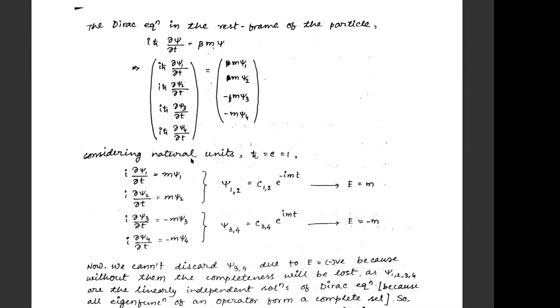Under various unitary transformations, the wave function may look different, but the expectation values of observable quantities will remain the same. So this holds in this case also. The solution that we got is in a particular basis, the Dirac basis.